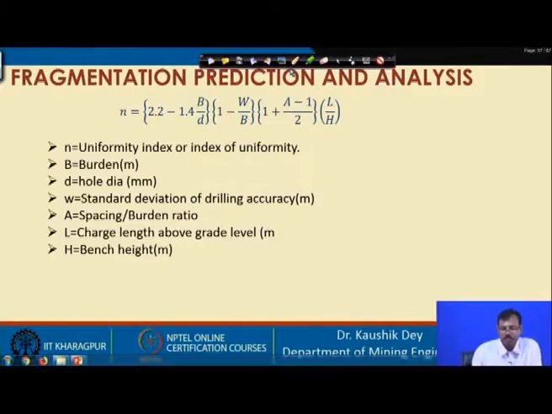That uniformity index may be estimated as a function of burden, hole diameter, standard deviation of drilling accuracy, spacing by burden ratio, charge length, bench height, like this. These are the influential parameters for the uniformity index.